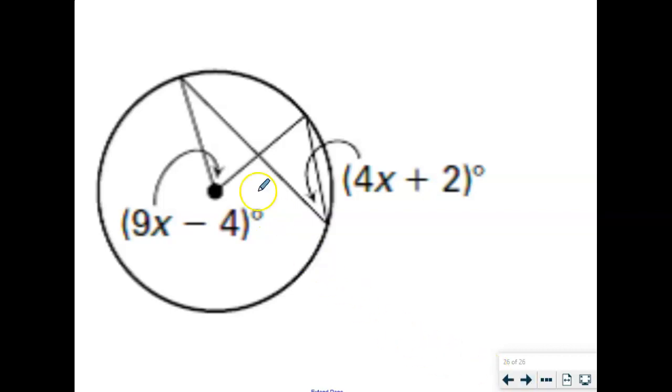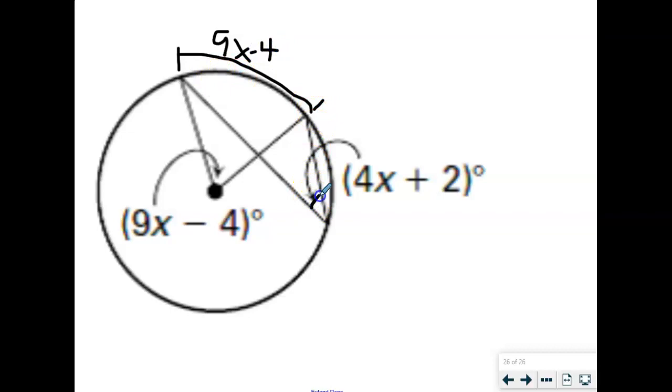Alright, here we are back. Now, 9x minus 4 is a central angle. Since this is a central angle, that means this arc is equal to the central angle. 9x minus 4 is the arc.